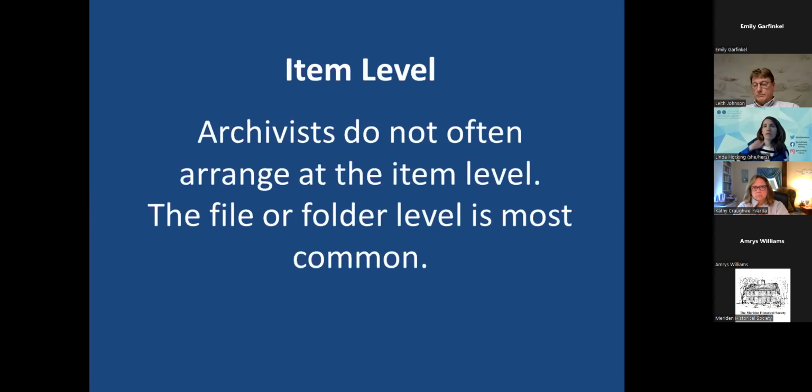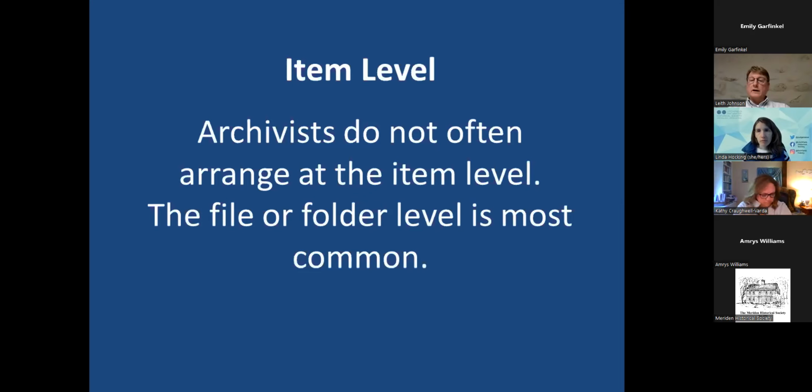And that's perfectly okay. There are exceptions when you want to describe things at the item level. I've done it. Every archivist does it. It's good practice when necessary. If correspondence you have is particularly significant with significant individuals, you may want to list each one of those. You may list account books or diaries or financial records individually.